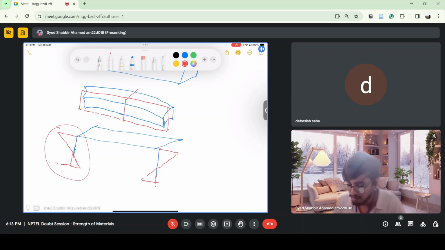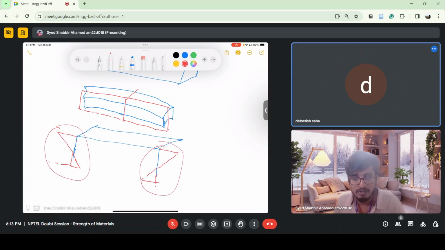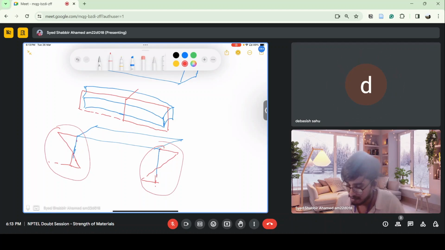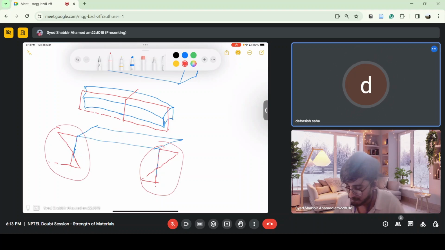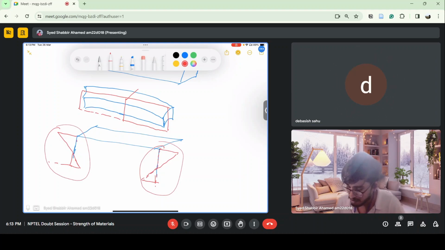Tension and compression should be zero, and this force also is zero. They are opposite to each other. Let's say this is tension and this is compression. Both should be zero at each section.